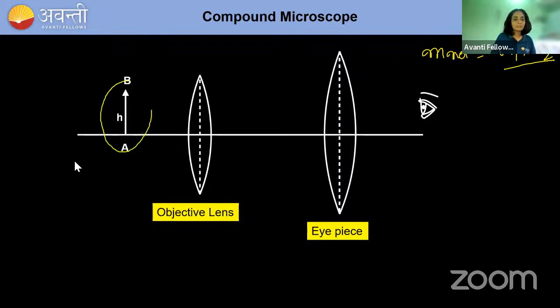The image of this object will get formed first by the objective lens, and that image will be magnified, suppose somewhere here. And this magnified image will act as an object for the eyepiece, and again its image will get formed, again a magnified image. So further magnification will happen, and that is why net magnification will be how much? More than that of a simple microscope, that is M1 into M2.